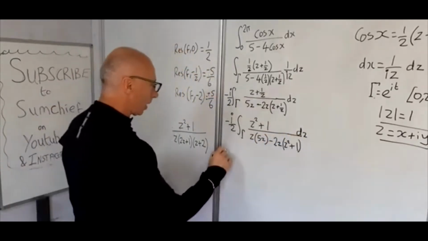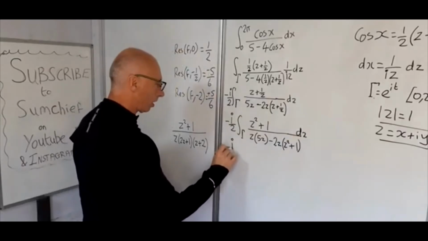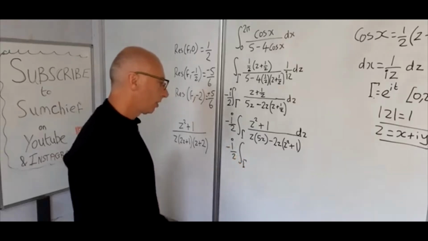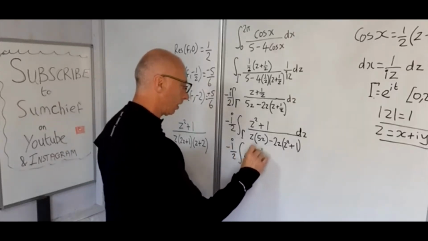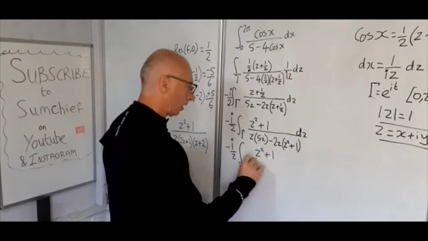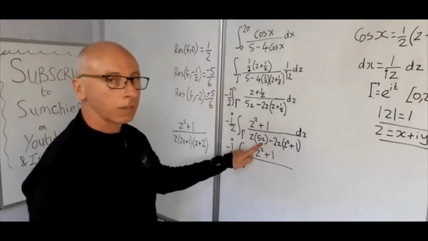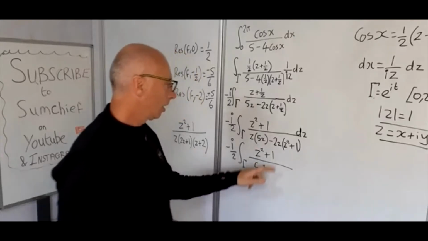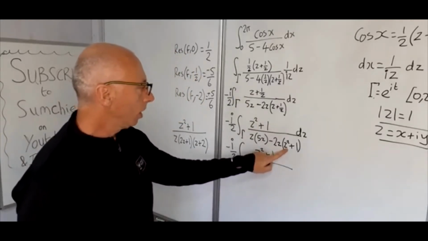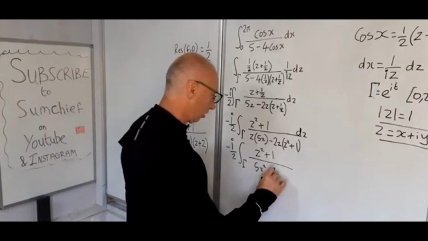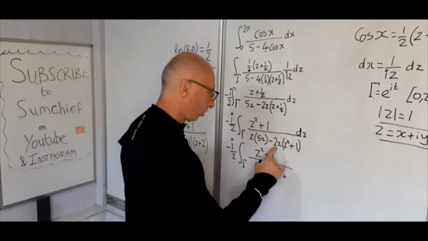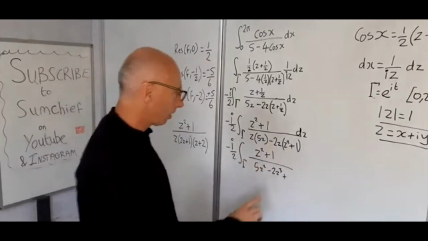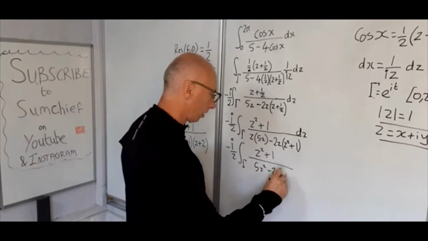So now what we get to is minus i over 2 integral on gamma of z squared plus 1, that's absolutely fine. And then we end up with z times 5z, so that'd be 5z squared minus 2z cubed plus 2z, but it's not going to be plus 2z, it's going to be a minus, so this will be a minus.